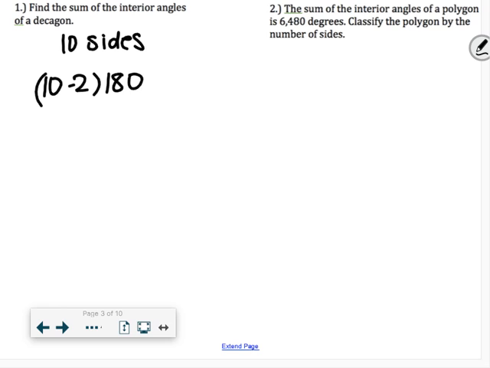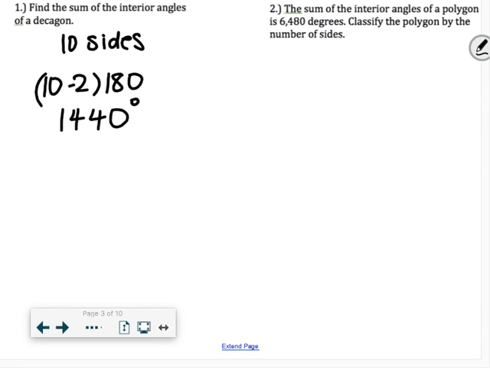So 8 times 180. Justin, can you help me out here? It's 1,440 degrees. Go ahead and put that degree symbol on there for me, please. So I can use my equation to work forwards to get the degrees.